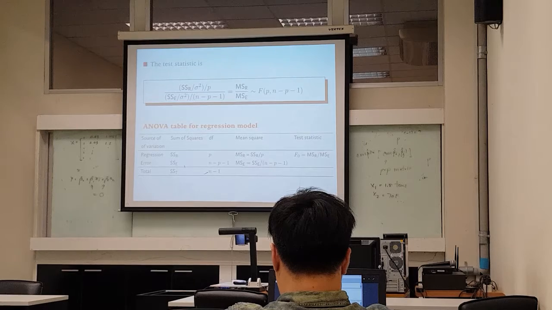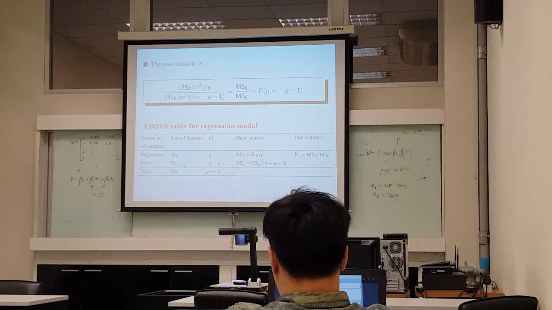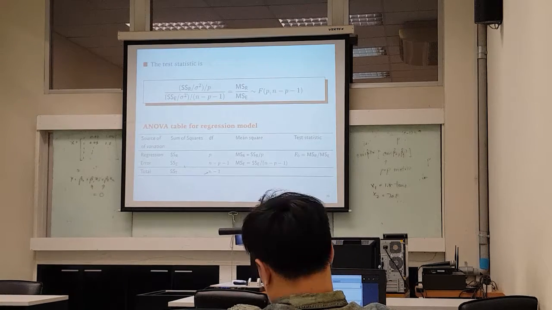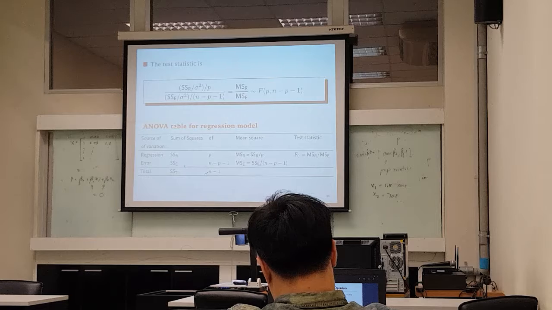This test looks pretty much like the ANOVA table. It's called the ANOVA table for the regression model. The source of variation is regression, with sum of squares SSR and p degrees of freedom, and the mean square is SSR divided by p.